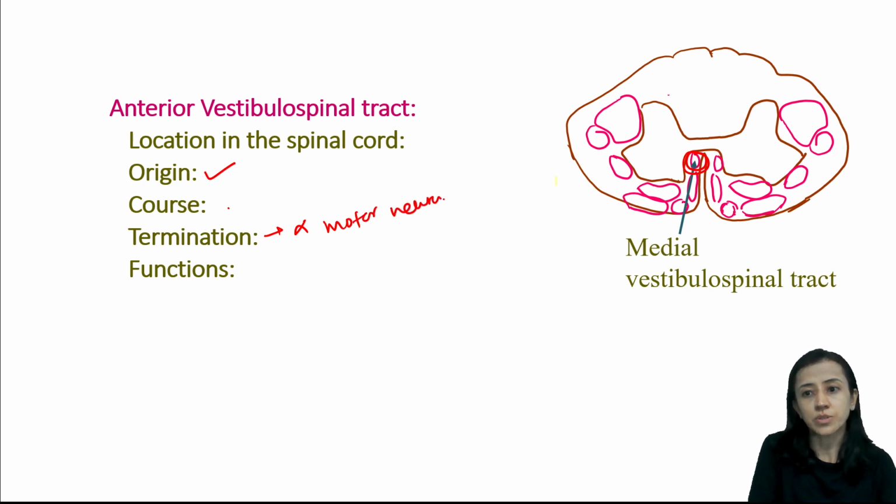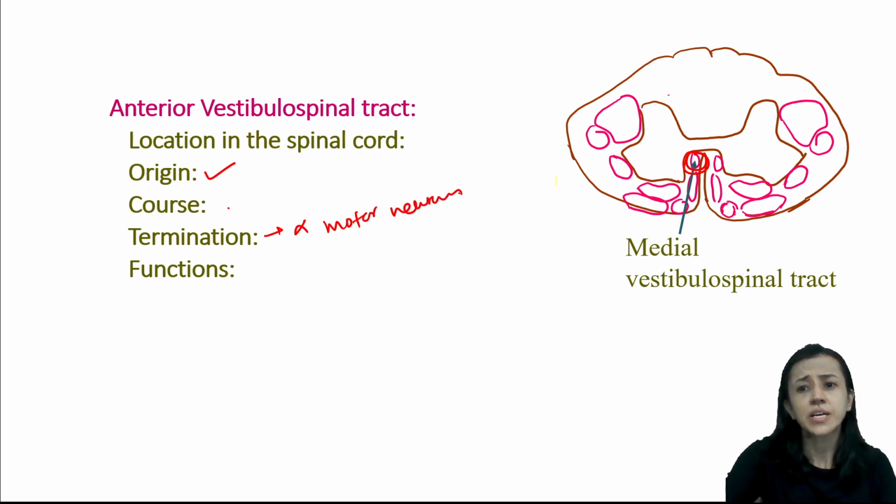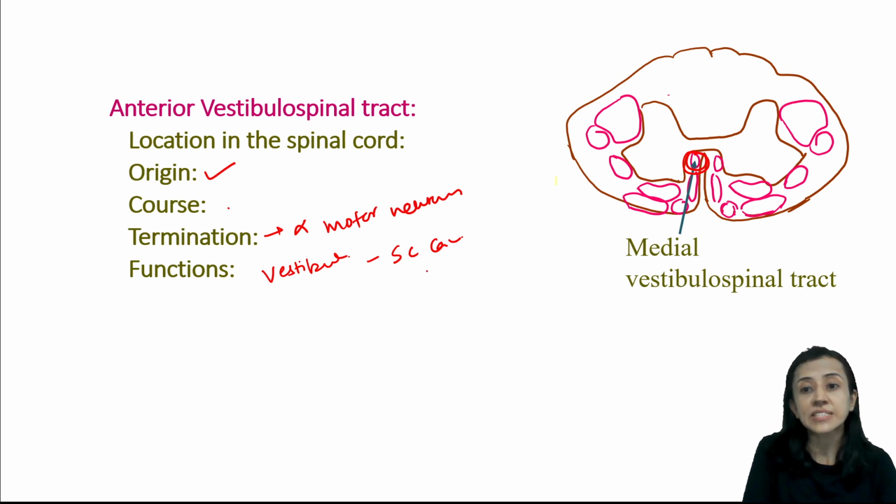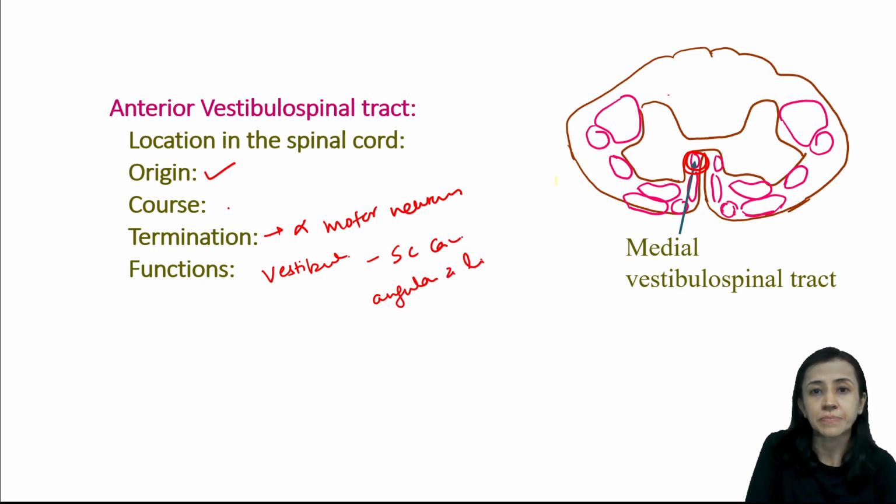And what are the functions? These tracts receive fibers from the vestibular apparatus, as they are vestibulospinal, mainly from the semicircular canals, and they are important for the reflex adjustment of the position of the head and body during angular and linear acceleration.